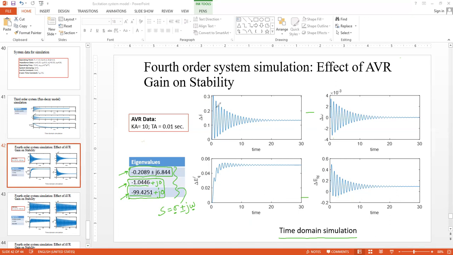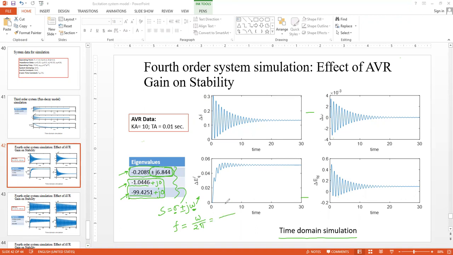The frequency of these oscillations would be governed by these two roots over here. This is in the omega term, that means it is in radians per second. If you want the corresponding F value, you have to simply divide by 2 pi.